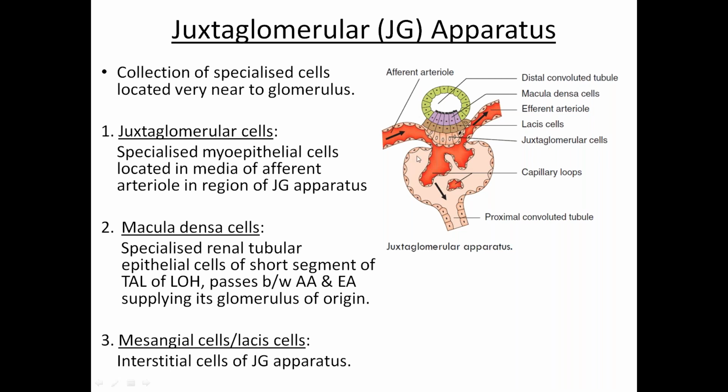Okay, then you have mesangial cells or the lacy cells in between these two. Okay, these are the interstitial cells, and the characteristic features about these are that they are in contact with both your layers of cells, which we just talked about.